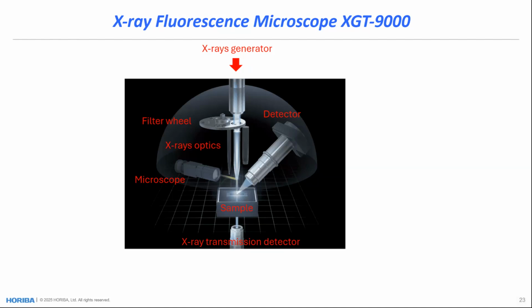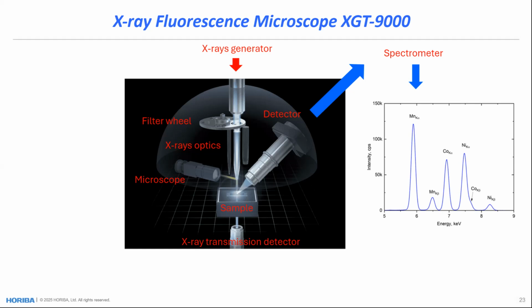We use different optics depending on the situation, either polycapillary or monocapillary. The microscope objective allows you to see the sample with very high resolution. Then the X-ray hits the sample and creates the XRF signal.